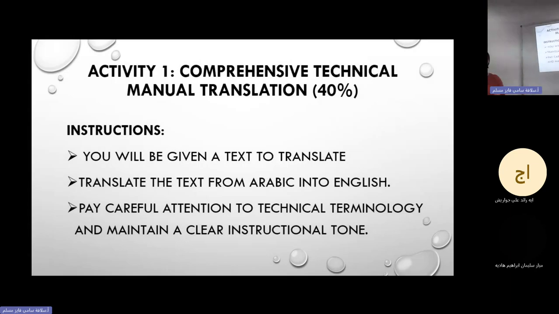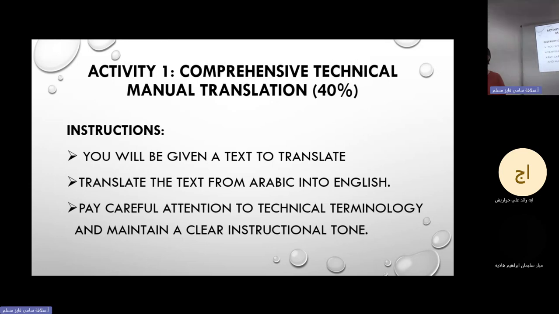Okay, for activity 1, comprehensive technical manual translation, you will be given a text to translate. Translate the text from Arabic to English. It will be in Arabic, and you will translate it into English, taking notes of all the technical and scientific vocabulary out there.